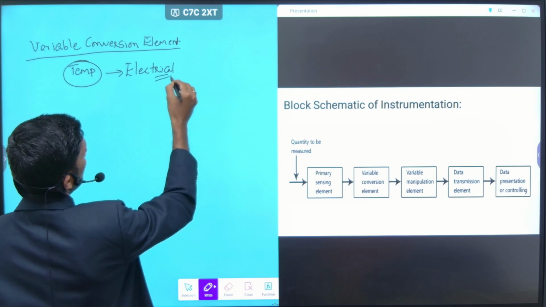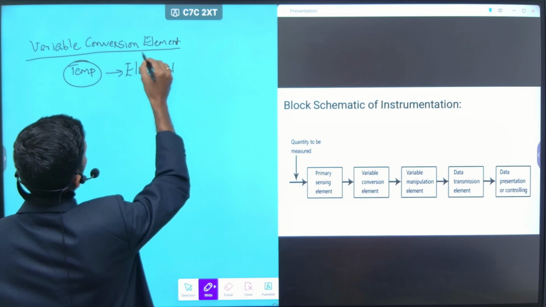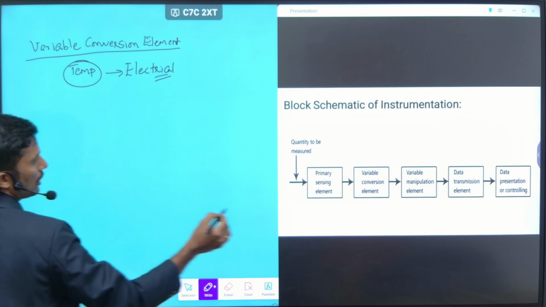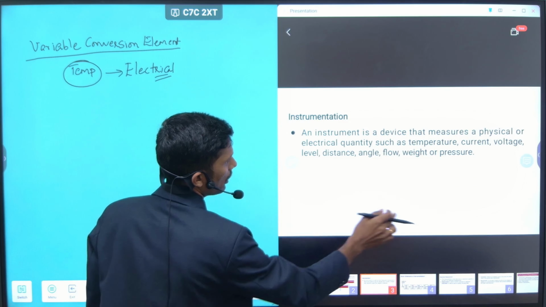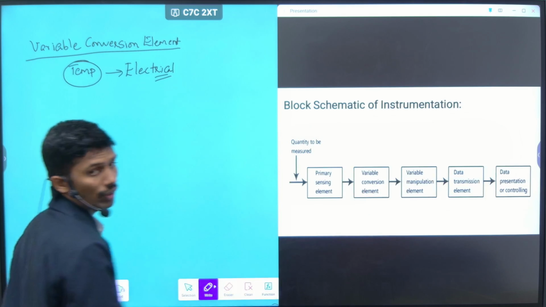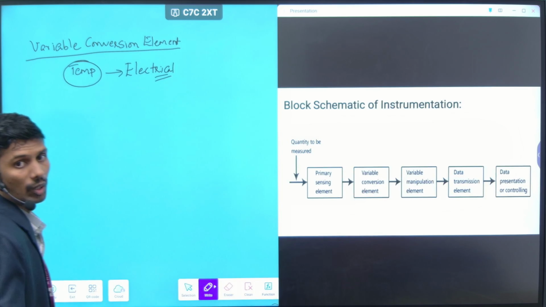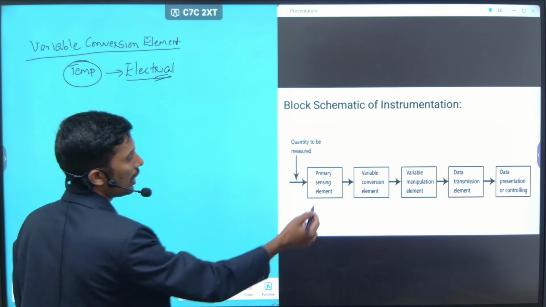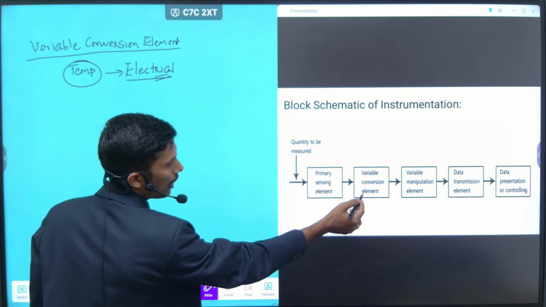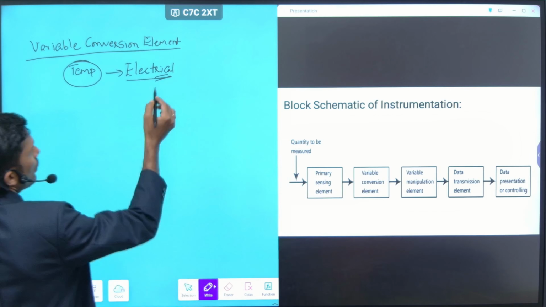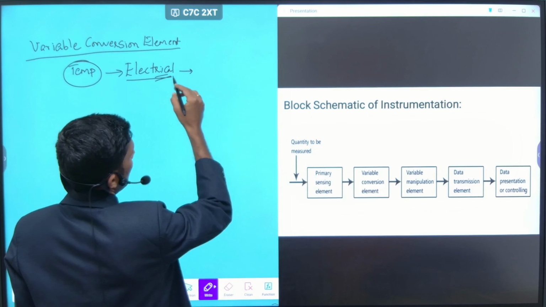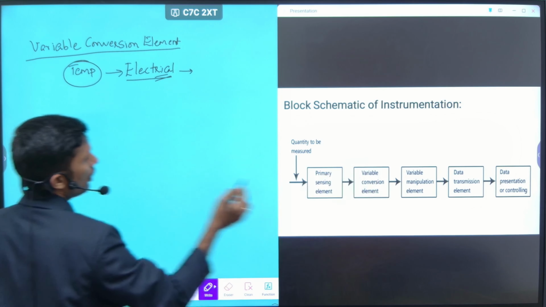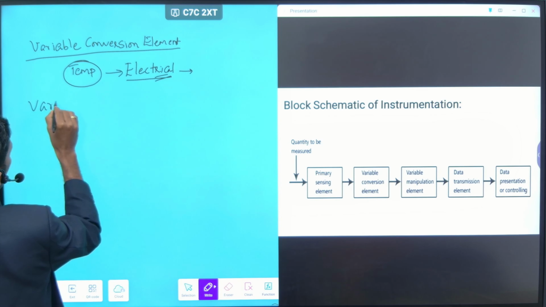This electrical signal is transferred from the primary sensing element to the variable conversion element. In this element, the electrical quantity coming from the primary sensing element is converted, and then it is transferred to the variable manipulation element.